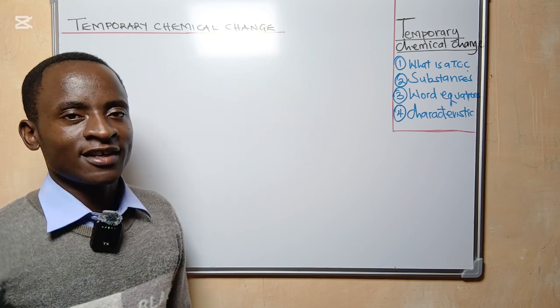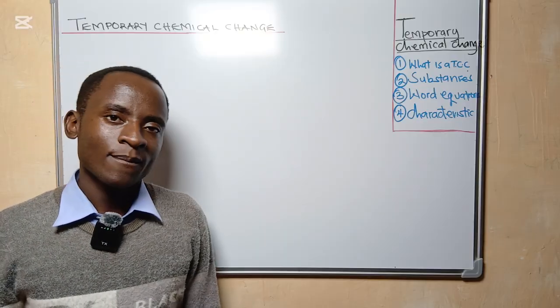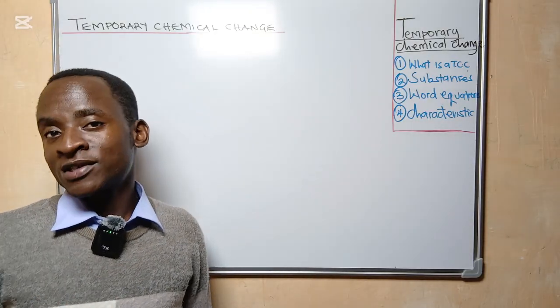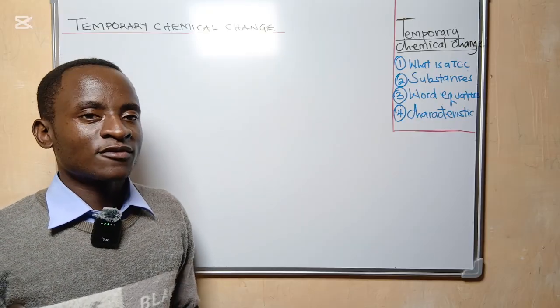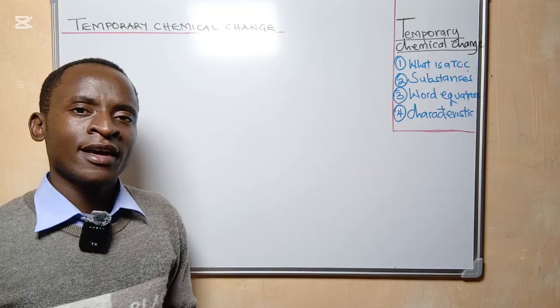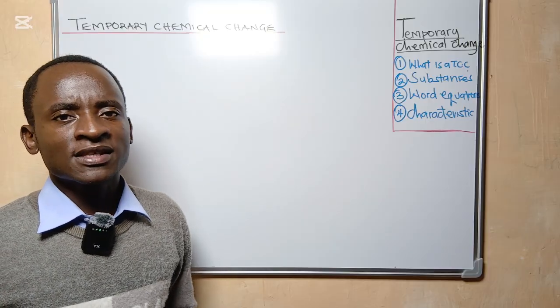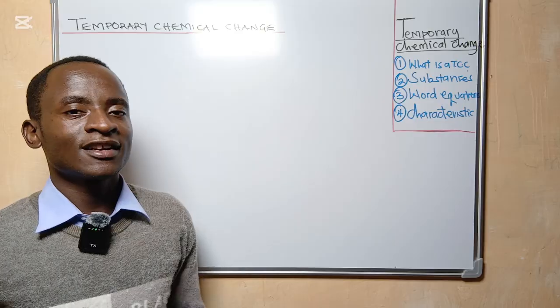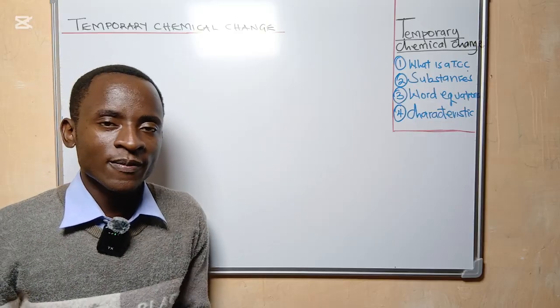So yesterday we looked at a temporary change, which is a type of change that is reversible and there is no formation of a new substance. We can recover the original substance which we had. That's how we define a temporary change.